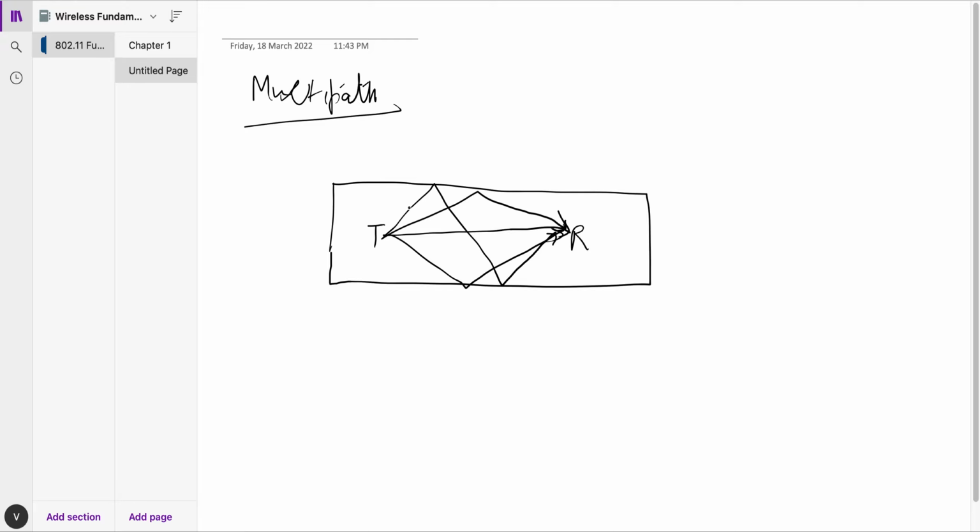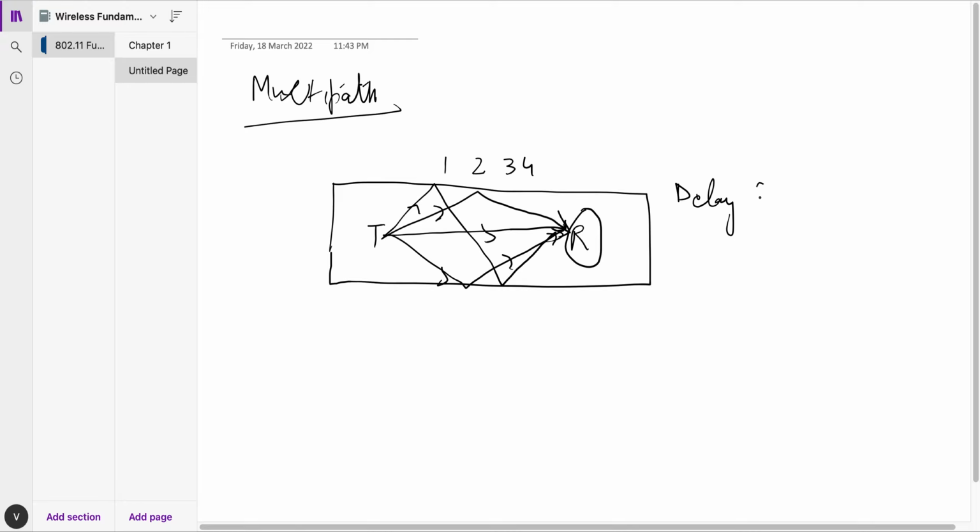There are multiple paths that the RF can follow to reach the receiver. So I see four waves of the same data getting received at the receiver. There will be some delay. The delay between the waves is called delay spread, which we discussed earlier.